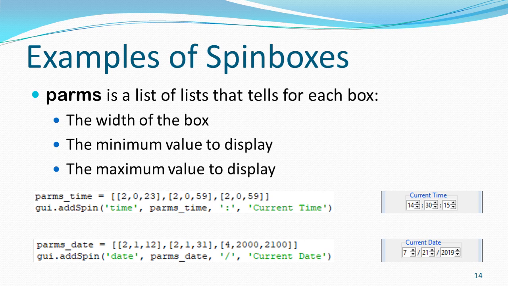And then the last one is 4 characters wide, starting with 2000, ending at 2100, and that is the year. So the method call would be GUI add spin. Our tag is date. We have parms date, and you can see the between is going to be a slash, and the prompt will be current date. So you can see spin boxes are very useful for, again, restricting the user to make a certain entry.